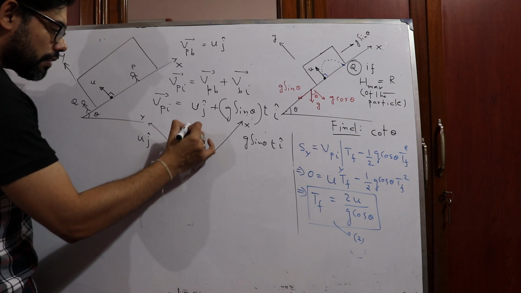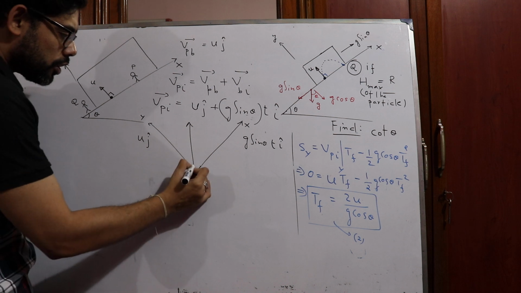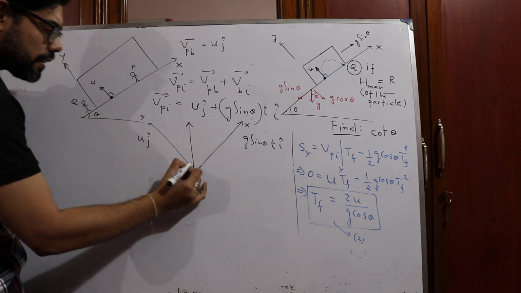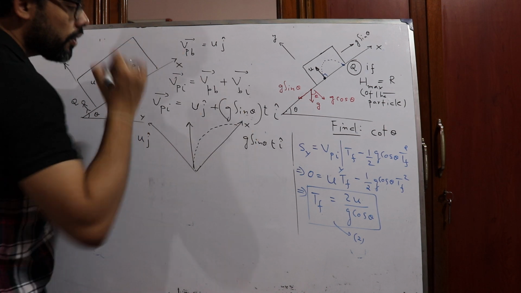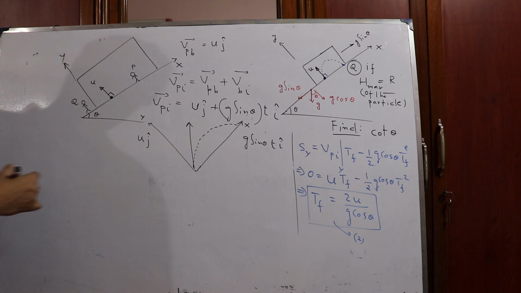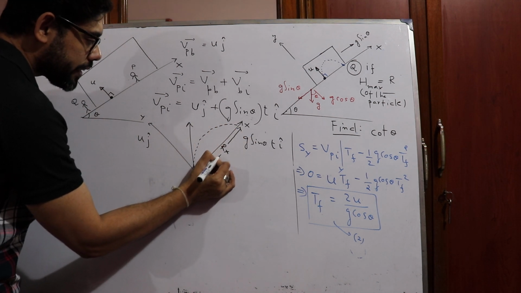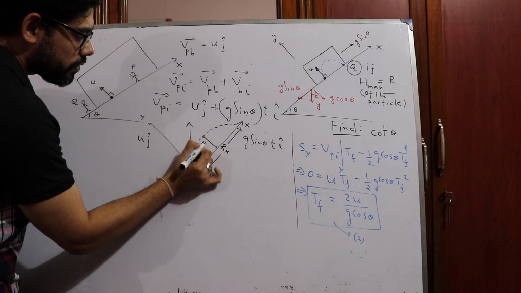The resultant direction will be something like this. Parallelogram rule. So for this person, the projectile is going in this path. It's following a parabolic path. And this is the horizontal range which we calculated, and this is the maximum height which we calculated.